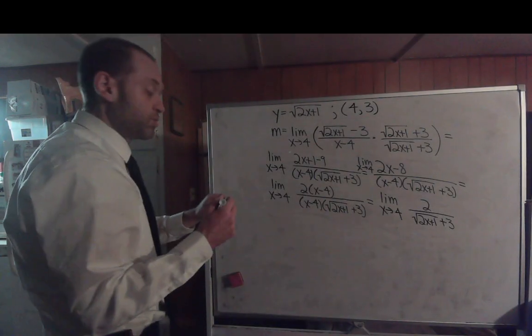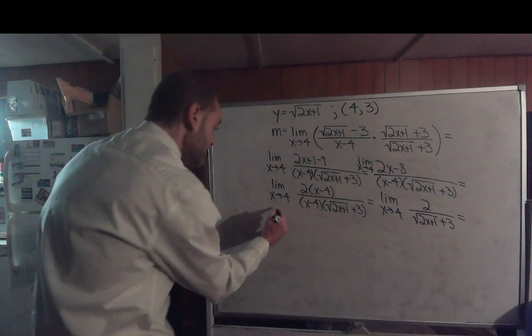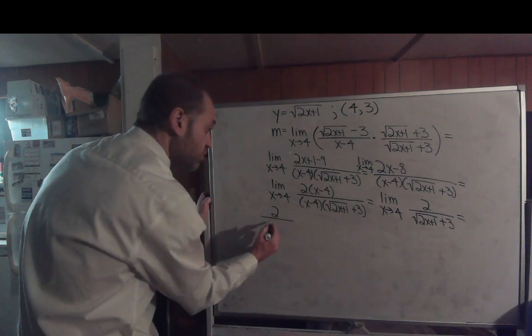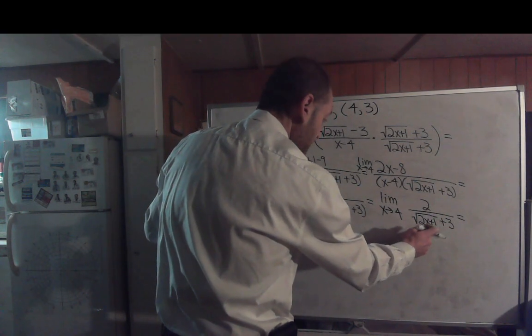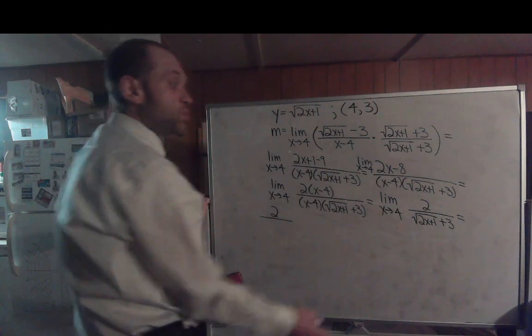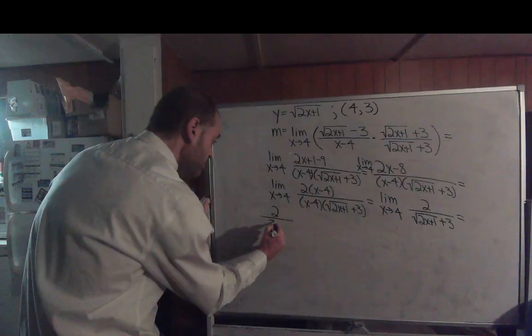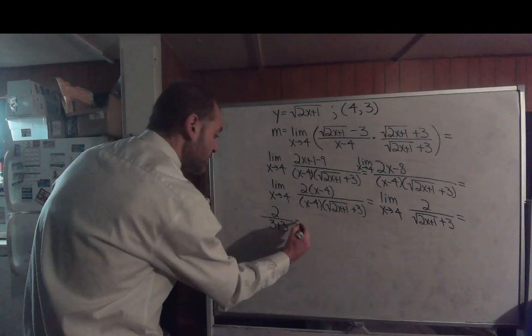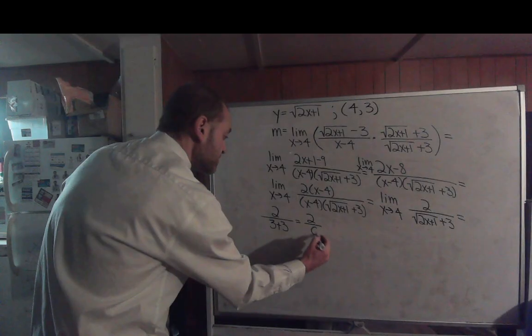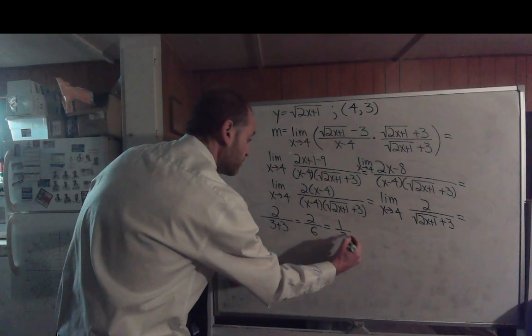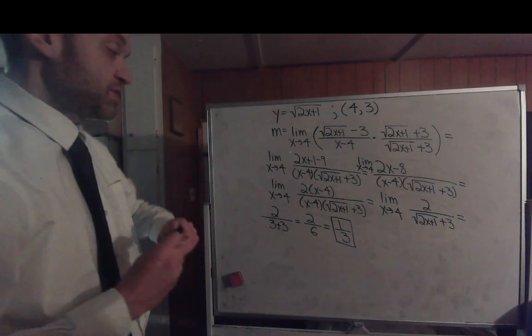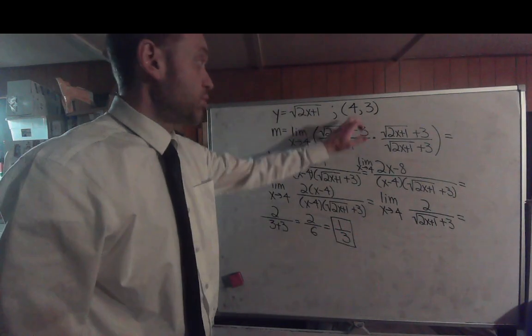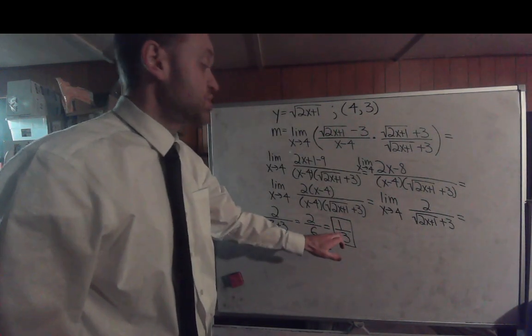Now we can use direct substitution and find our slope. So this will turn into 2 all over the square root of 2 times 4, which is 8, plus 1 is 9. The square root of 9 is 3. So 2 over 3 plus 3, which would equal 2 over 6, which would give us a slope of 1/3. So the instantaneous rate of change, or the slope at the point (4, 3) of this curve, is going to be 1/3.